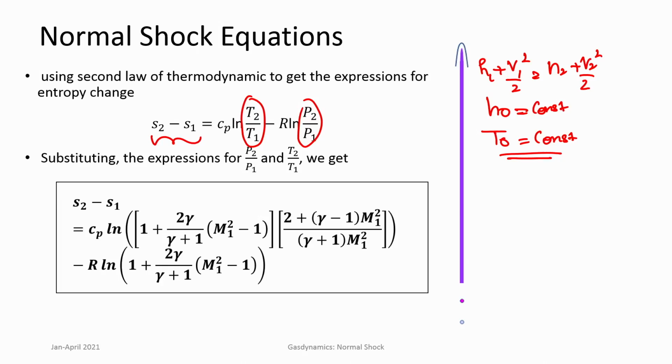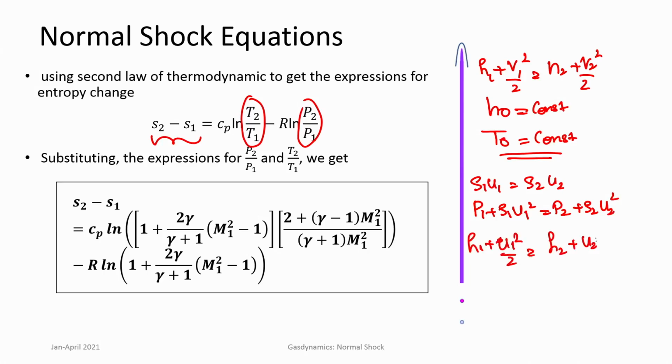Now one should notice that the conservation equations, rho 1 u1 equal to rho 2 u2, p1 plus rho 1 u1 square equal to p2 plus rho 2 u2 square, and h1 plus u1 square by 2 equal to h2 plus u2 square by 2, just relate the balance of mass, momentum and energy across a discontinuity.